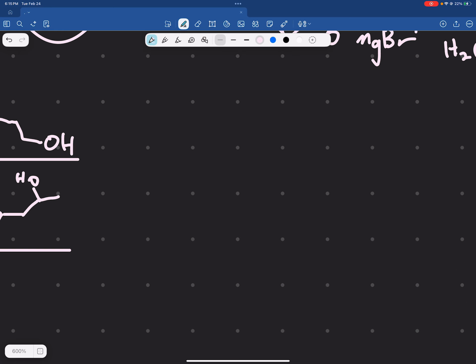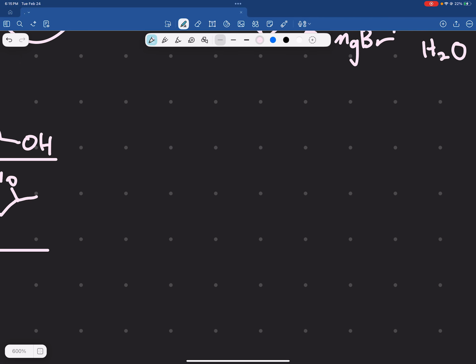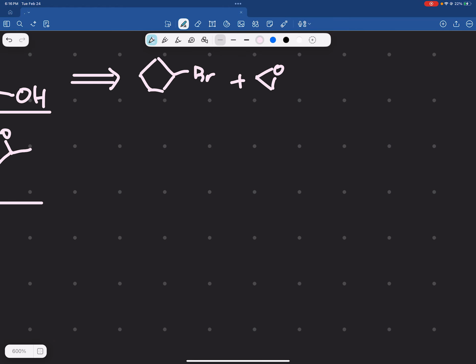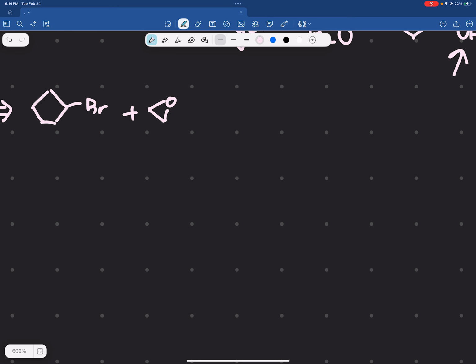All right, so compound A is going to be produced relatively simply from something like this, a bromide with an oxirane. Sorry, the name escaped me for a moment. The reaction is going to look something like this.